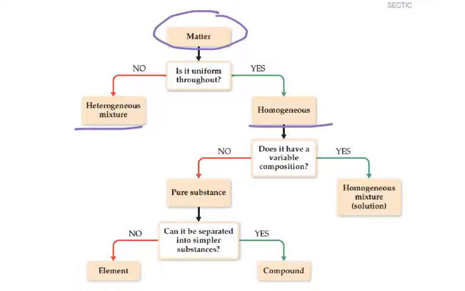It is uniform, does it have a variable composition? If it does, we call it the homogeneous mixture or solution. If it doesn't have a variable composition, that's a pure substance. And a pure substance could be elements or compounds, depending on if it can be broken down or how many types of atoms they have.